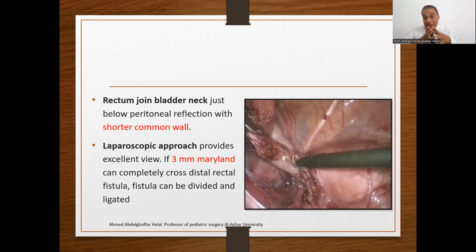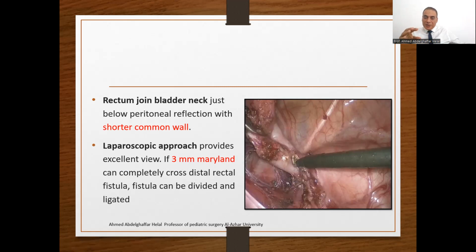The very important laparoscopic landmark is that we dissect the rectum starting from the peritoneal reflection and go down. If a 3 millimeter Maryland can completely cross the distal rectal fistula, here the fistula can be ligated and divided.